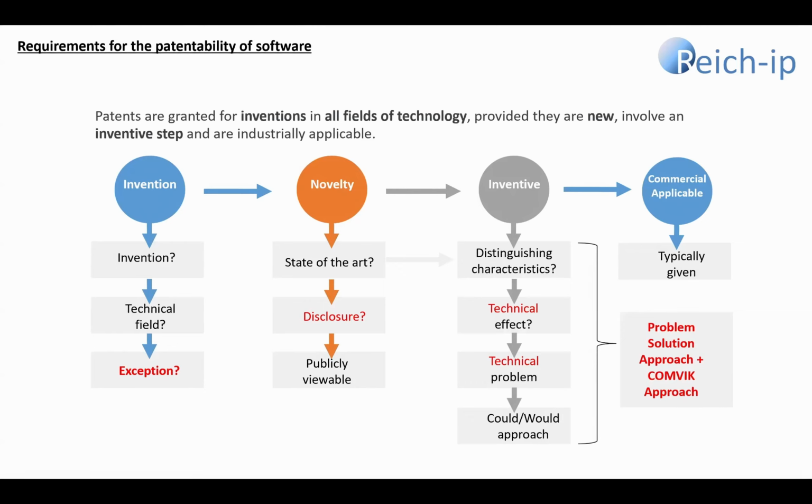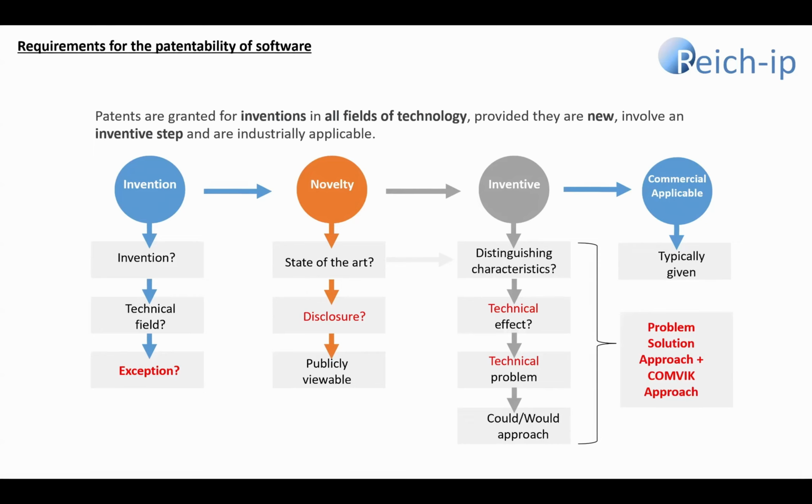So it is not typically discussed at the beginning, where it comes to whether it is an invention or not, nor during novelty, but when it comes to discussing inventiveness, we have to analyze the distinguishing features. This is the so-called problem solution approach, which is quite crucial before the European Patent Office.